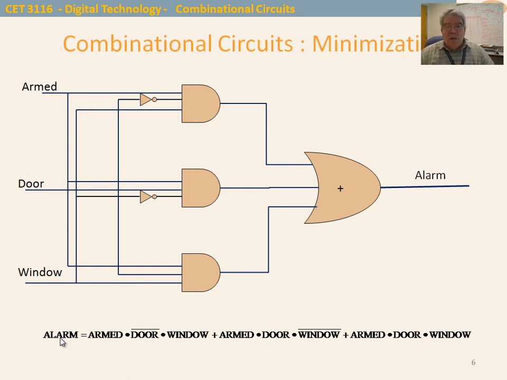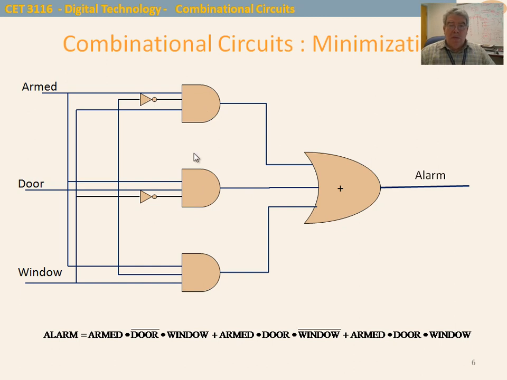So the alarm is going to be 1 whenever the alarm is set and the door is closed and the window is open, or it's armed, the door is open, the window is closed, or it's armed and both are open. This is the circuit, exactly described in here.